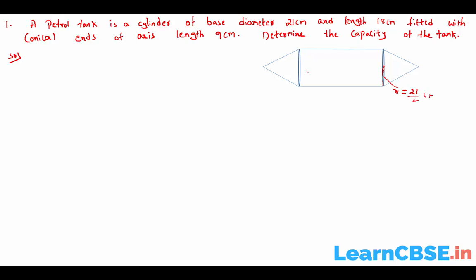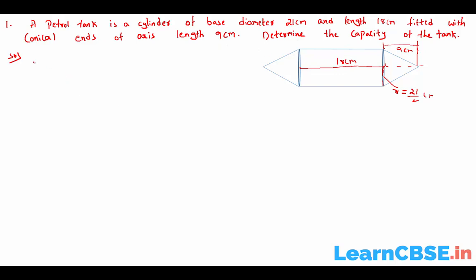The length of the cylinder portion is 18 centimeters, and the length of the conical portion, the coaxial length, is 9 centimeters, so both cones have the same length.